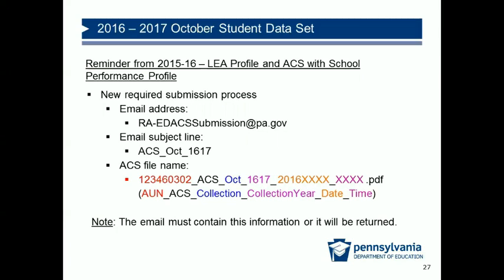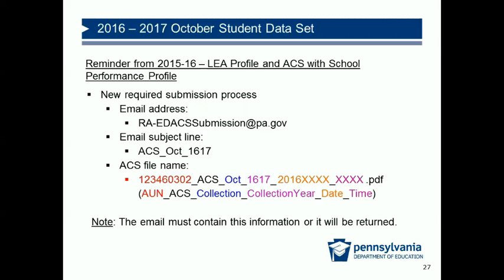Another reminder from last year's changes, a new process for submitting the ACS. It's called LEA Profile and ACS with School Performance Profile. You'll send an email to the email address ra-ed-acssubmission@pa.gov. The email subject line in general terms is ACS_collection_collection year.